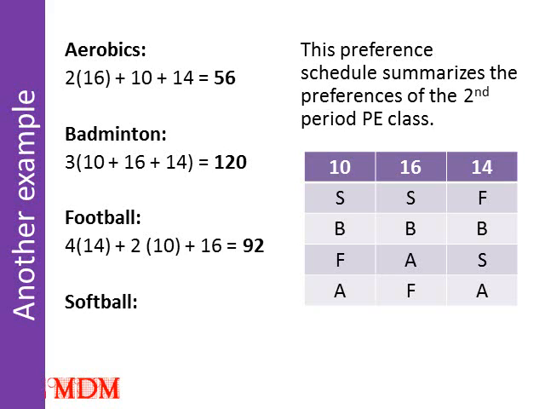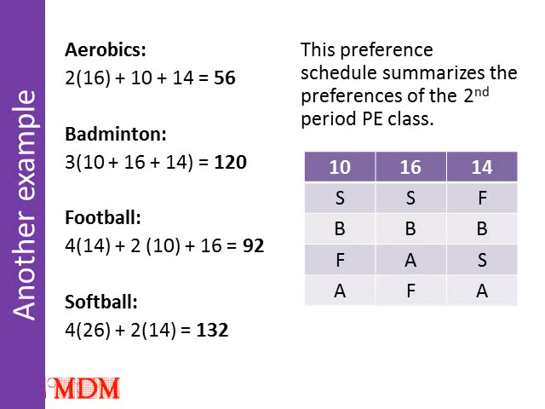Finally, for softball, we can see that softball has 26 first place votes, and it also has 14 third place votes. So to calculate the Borda count number for softball, we see that it's going to be 132. So if we're doing a ranking of the activities, we put them in order from the one with the largest Borda count number down to the one with the least.